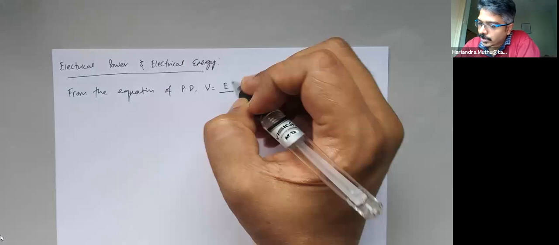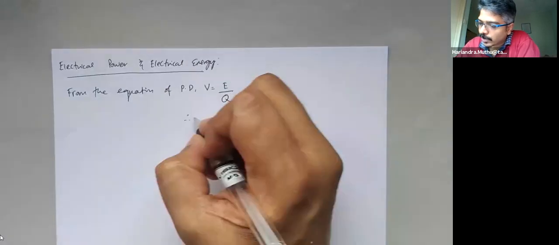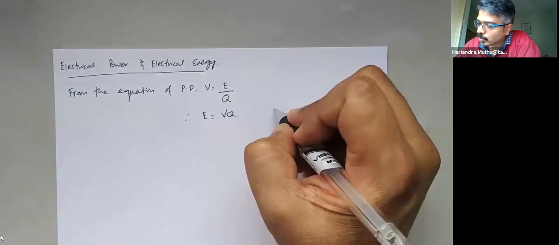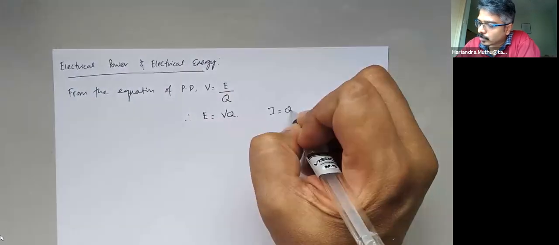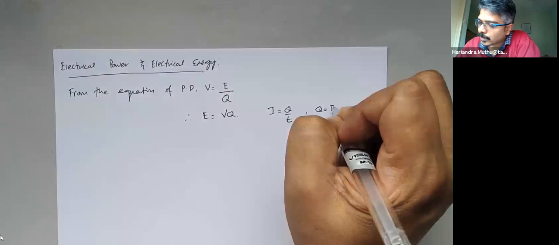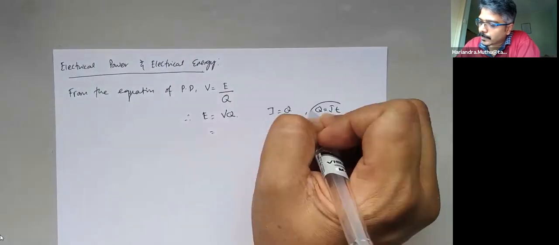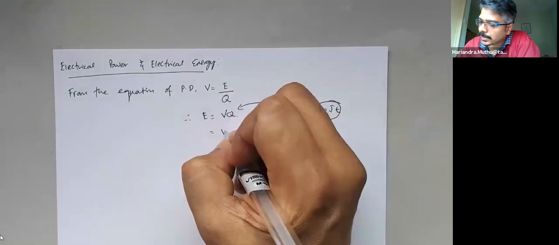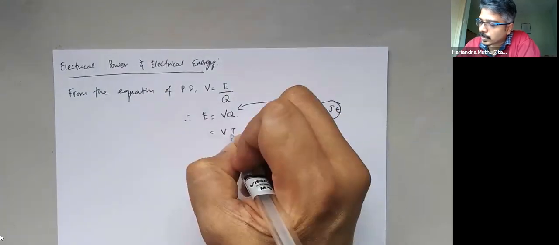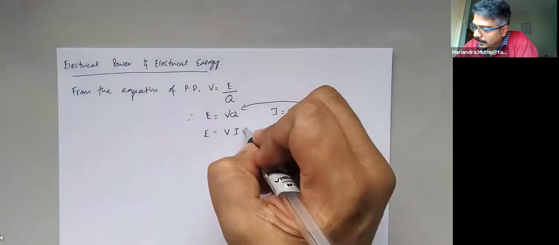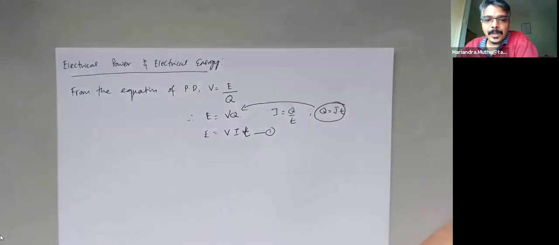So rearranging the equation, we have E equals VQ, and current equals Q over T, so Q equals IT. So therefore we substitute this equation into here. So E equals VIT, right? So this is equation 1, VIT.